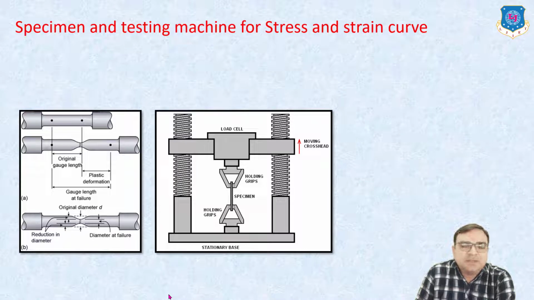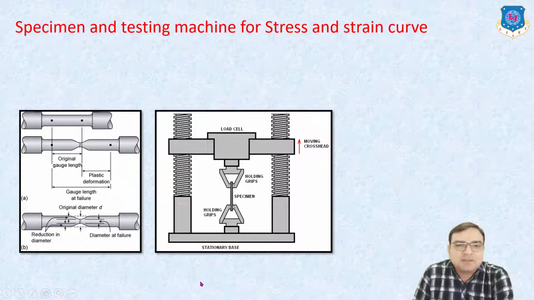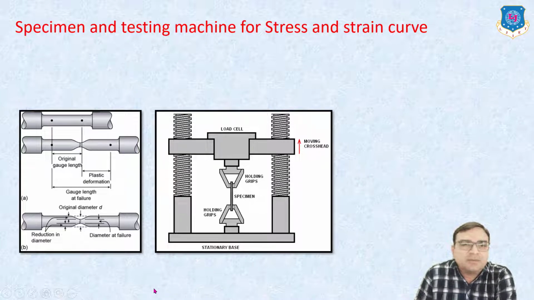Whenever we find the behavior of stress versus strain, we make one specimen of the material and it is fixed in the universal testing machine, and when we apply the tensile force on a particular cross section area, we get the stress, and by the change in length we get the strain.